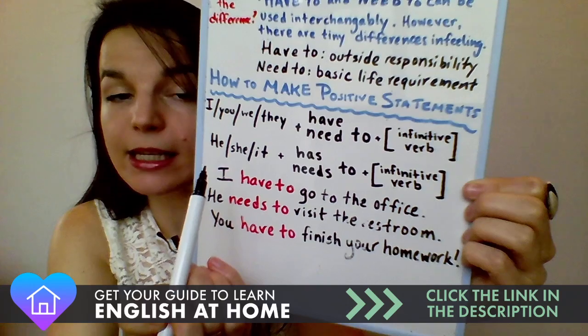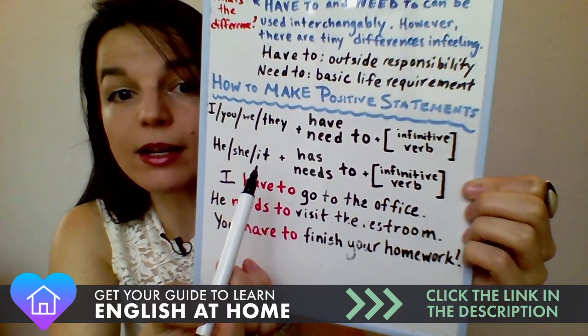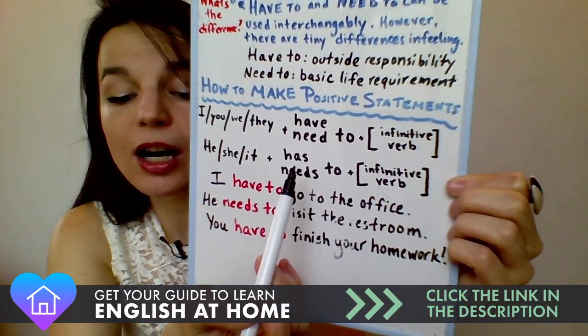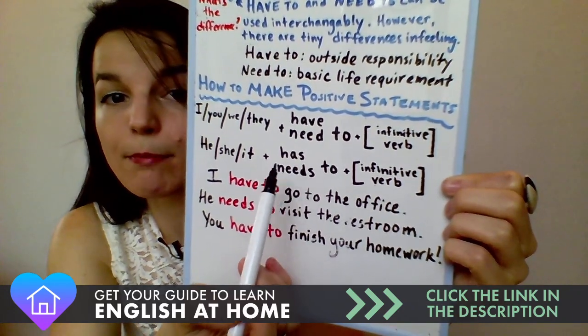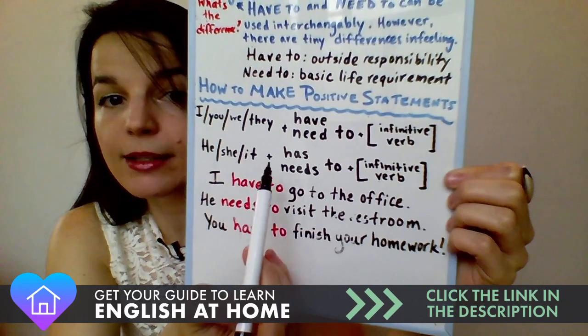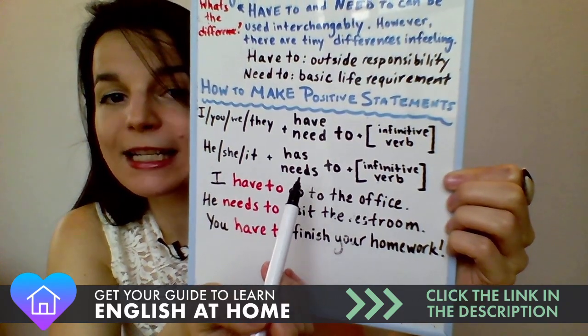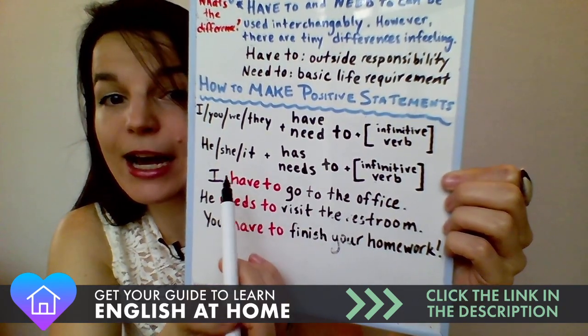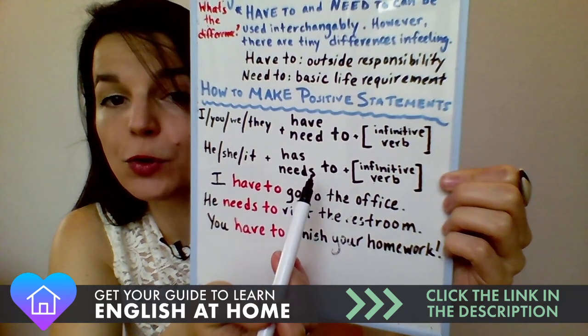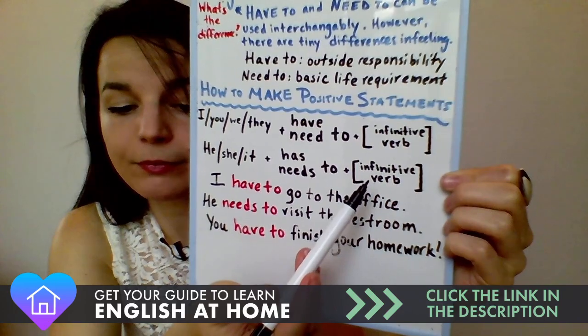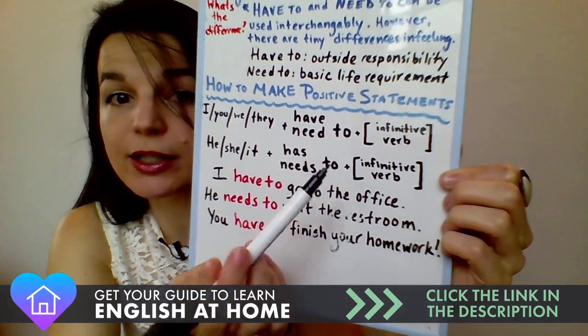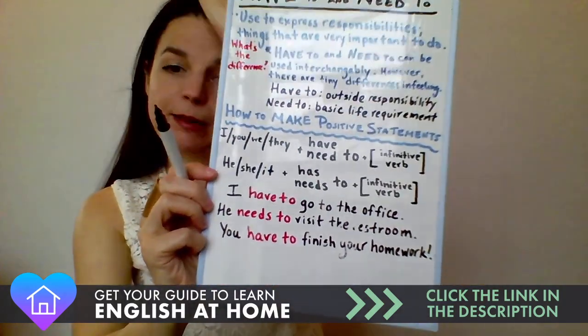If your subject is he, she, or it, we have to conjugate. So again, conjugate means change the verb to match the subject. That means has to or needs to, as in he has to or she needs to, plus the infinitive form of the verb. So we have these two patterns to make positive statements.